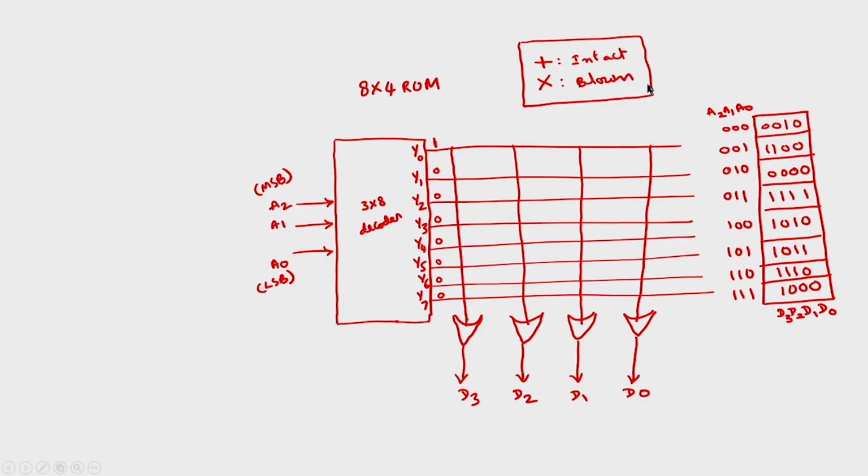If I keep all the connections intact, then what will be the output? These are all 8 inputs, which I have shown as a single line, but all these 4 OR gates are 8-input OR gates. The inputs are connected to fuses.